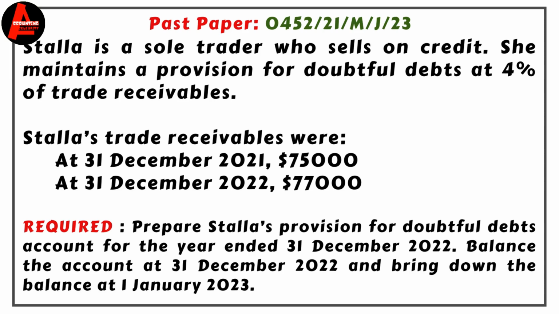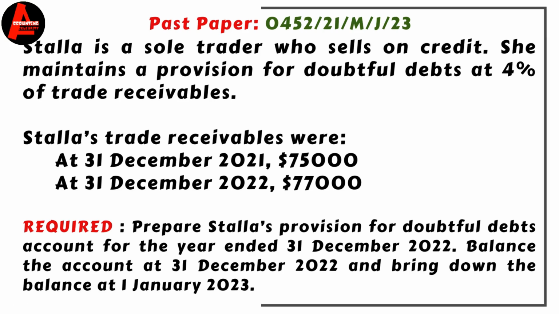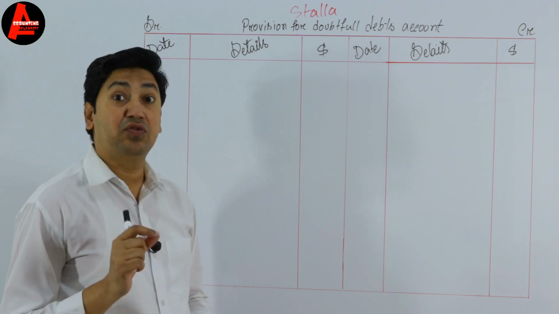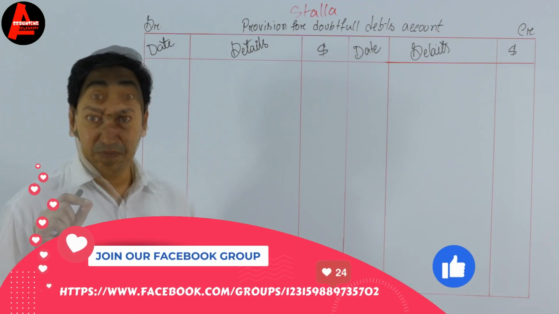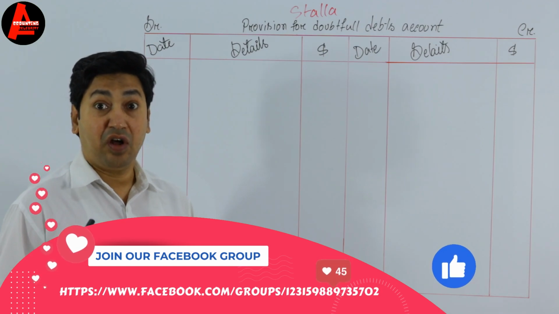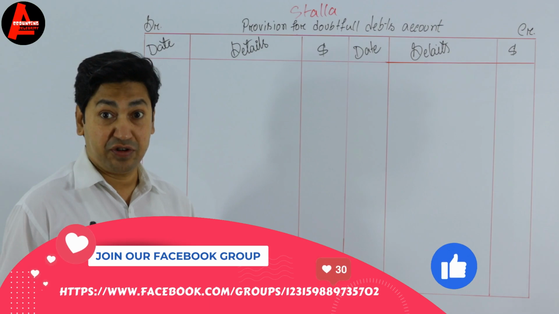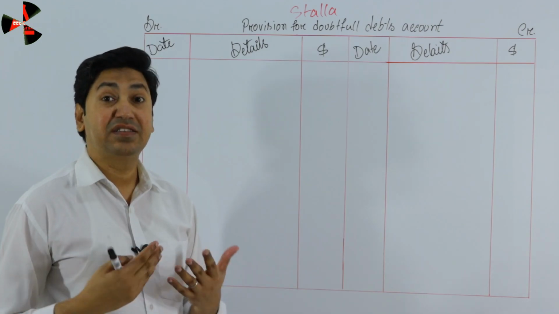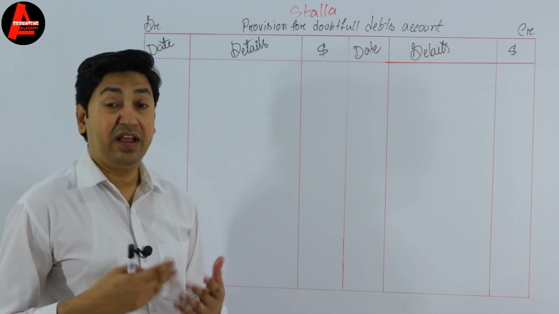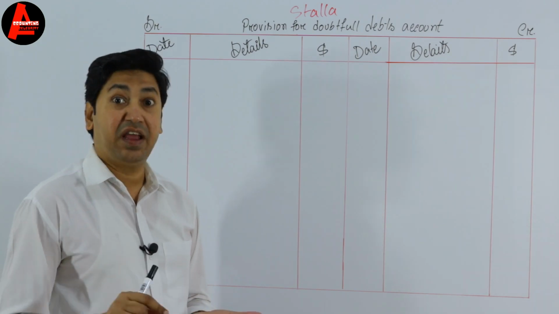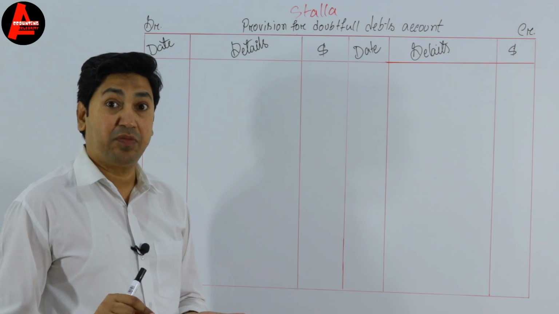So it is said we have to prepare this account for the year ended 31st December 2022. We have trade receivable on this date, $77,000. Now what to do with this amount on this day? This day it is a requirement.